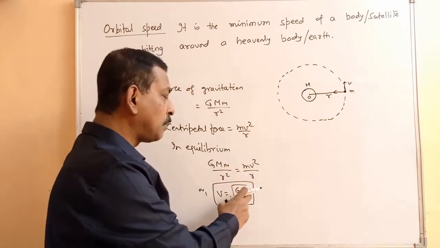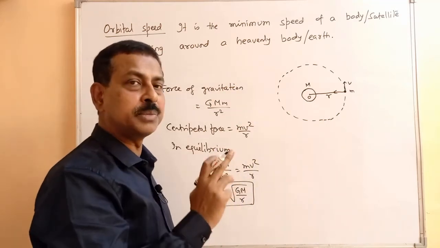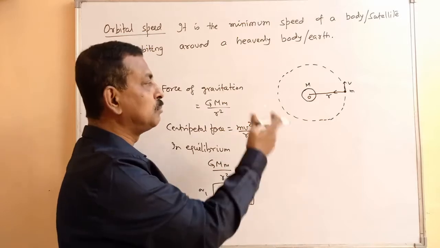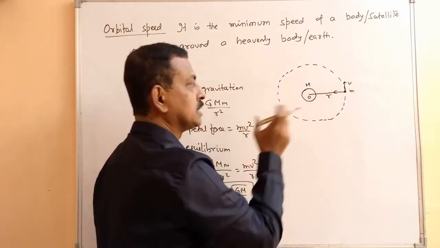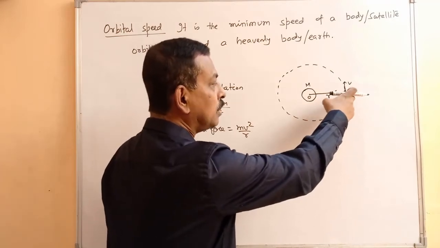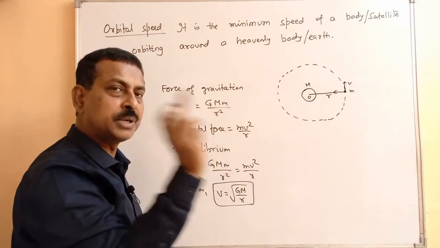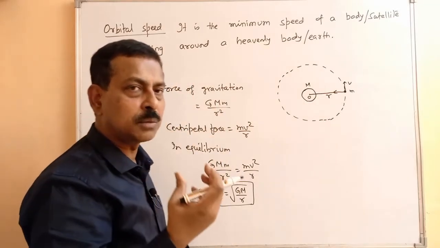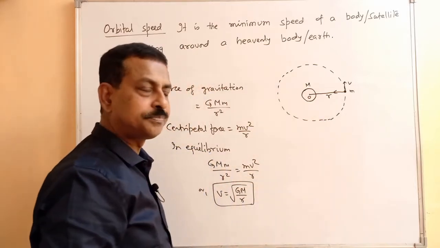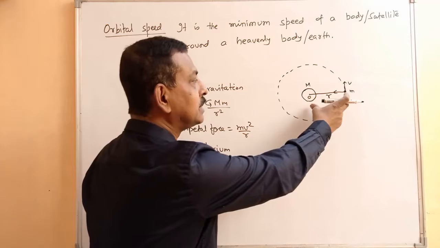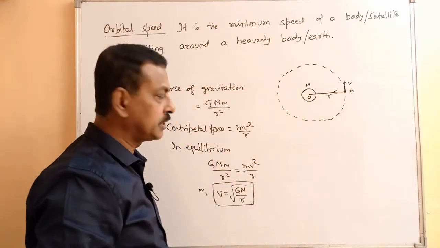It depends upon the mass of the source body under whose gravitational attraction it is orbiting, so the mass of the heavenly body or Earth, and of course the distance between the heavenly body's center and the body which is orbiting around it. And r is the distance between the orbiting body and the center of the heavenly body.